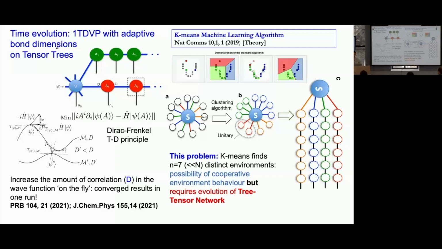So you don't need to do all of these different runs anymore, which is particularly useful when you start from a simple product state. Previously, we've got rather simple low-entanglement dynamics at the beginning, but you'd have to embed it in some large D to get out to large times. And now you don't have to do that.